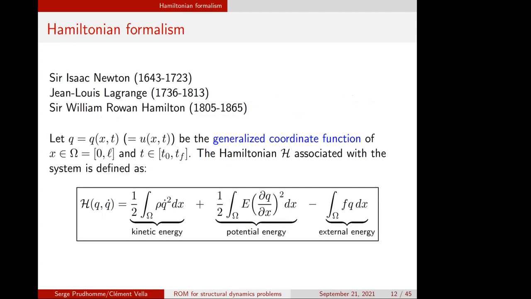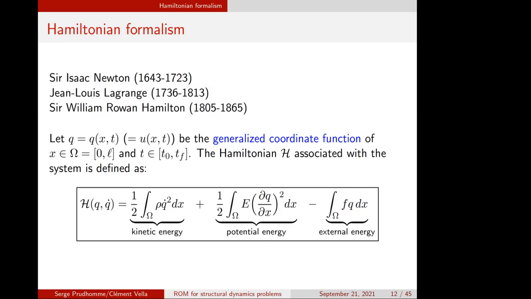What I would like now to talk about is the two different formalisms, one based on Lagrange and one based on Hamilton. There are some subtleties, and I'm not going to really talk about all those different subtleties.